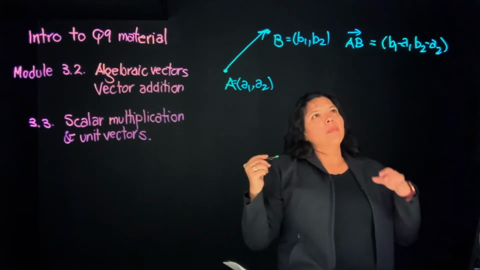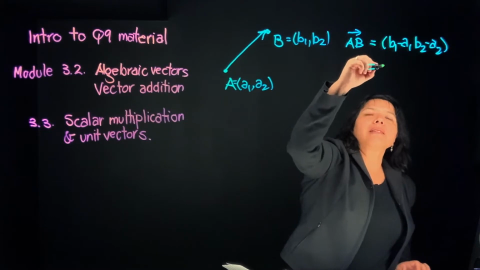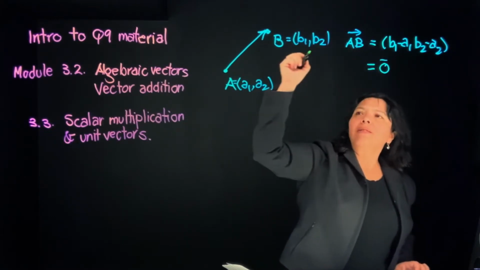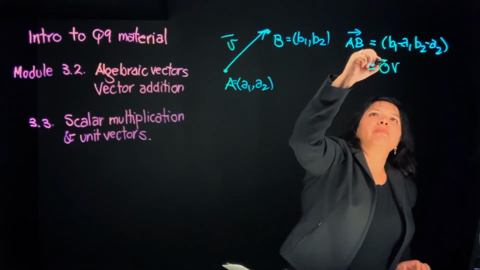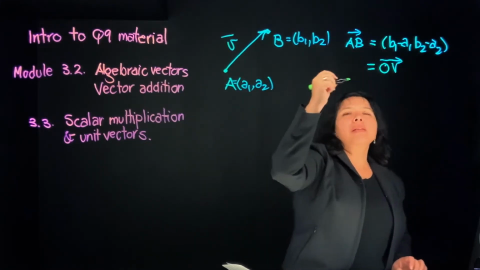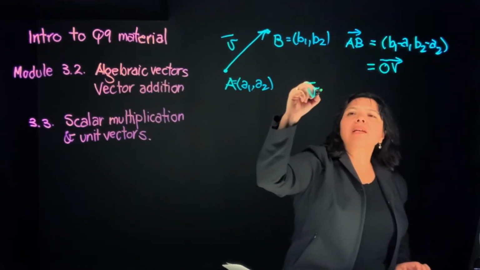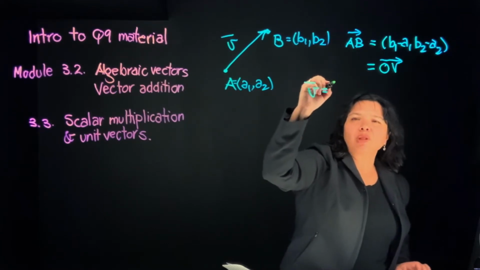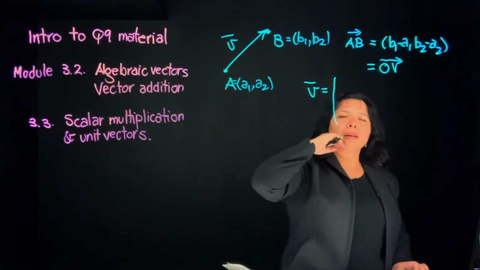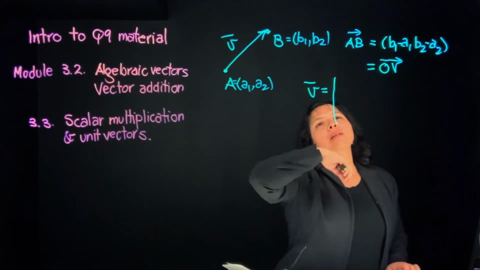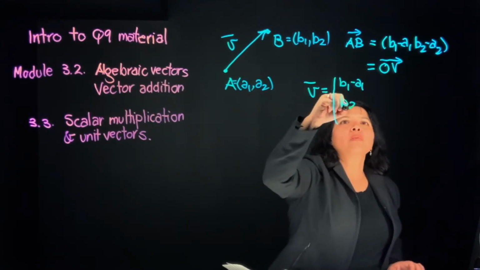So really these are the coordinates of the vector that starts in the origin and ends up in this, say, vector V. But the way that we write it, as a summary of this, I'm going to write it as V equals, and I'm just going to follow the notation in your textbook for now. It's going to be a column, and that's going to be B1 minus A1, B2 minus A2.